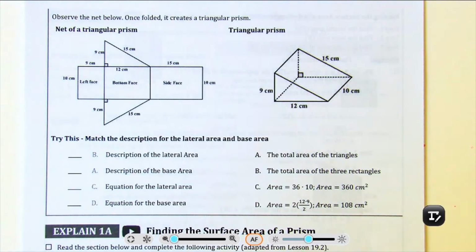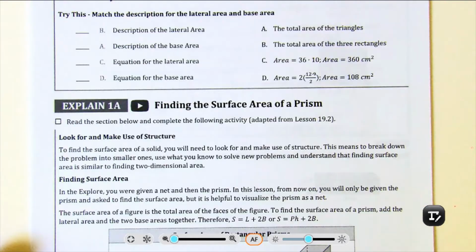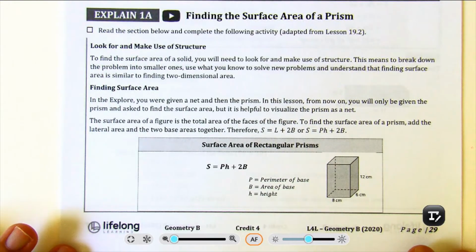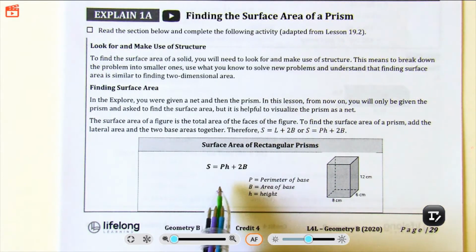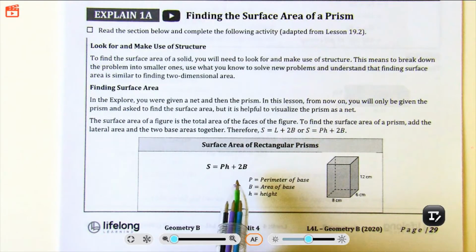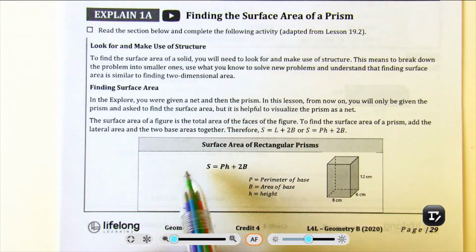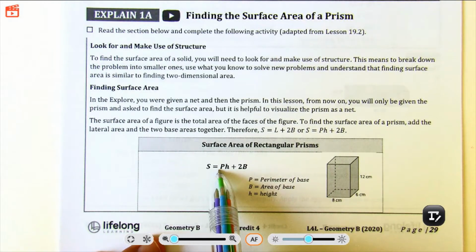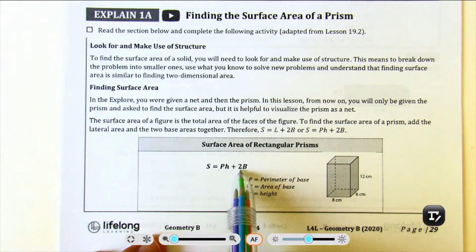Okay, so now let's look at the formula to find the surface area of a prism, and that is this main formula here. To find the surface area, we need to find the perimeter of the base times the height plus 2 times the area of the base.